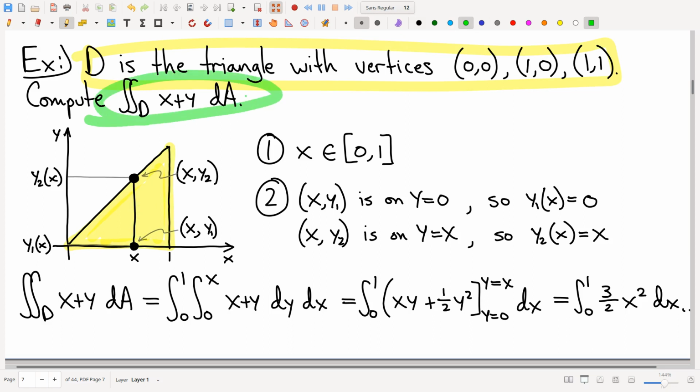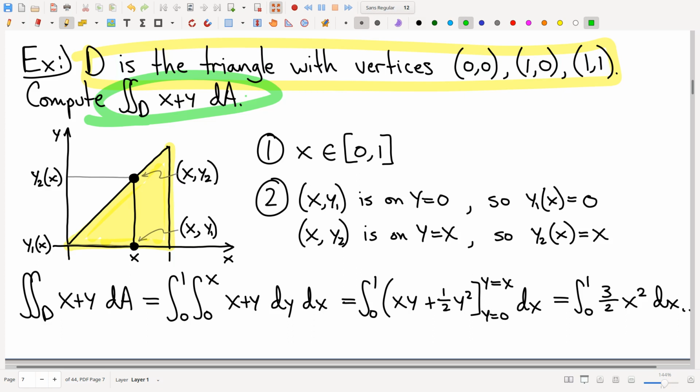Now, quick pause. Why am I computing this double integral? Where'd that come from? Who knows? Doesn't matter. Could be anything. Maybe I'm interested in computing the amount of mass distributed over this region. Maybe I'm interested in computing the volume sitting over this region in R3 that I haven't drawn, don't want to draw.